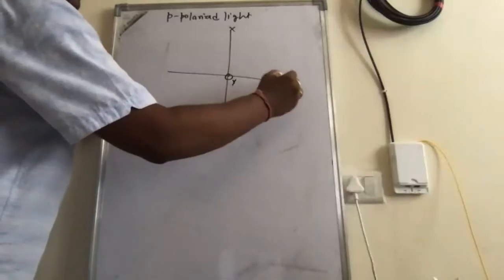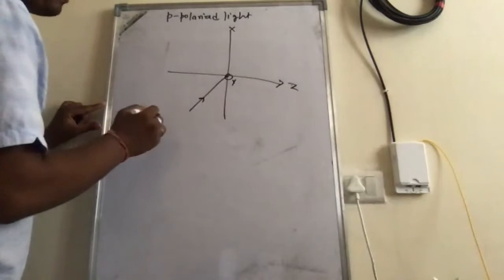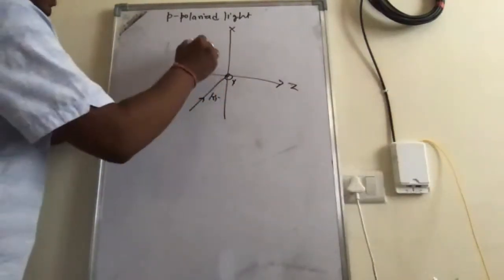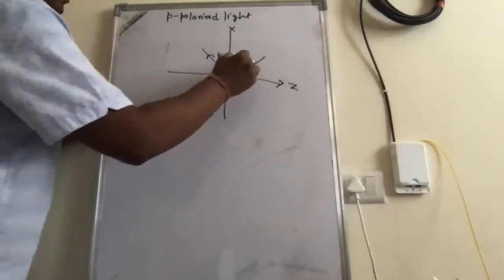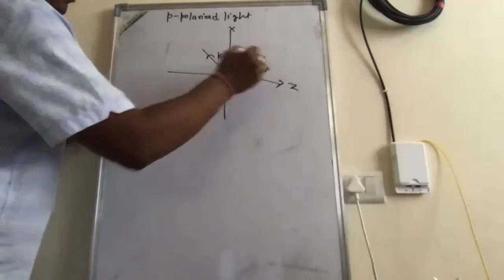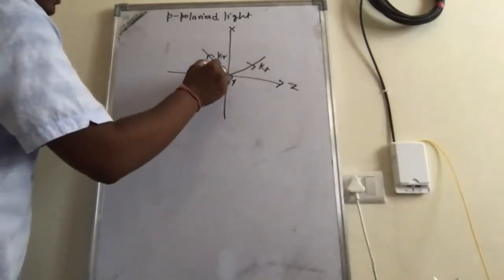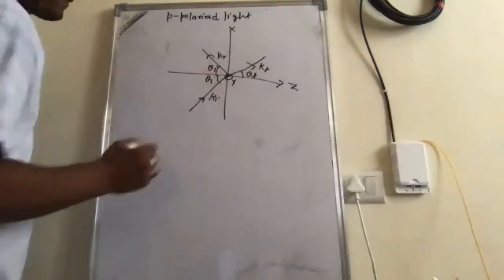The plane of incidence is along xz. This was the incident plane wave Ki, this was the reflected one Kr, and this is the transmitted one Kt, the propagation vectors. This was the angle of incidence theta I, this is also theta I, and this is theta t.